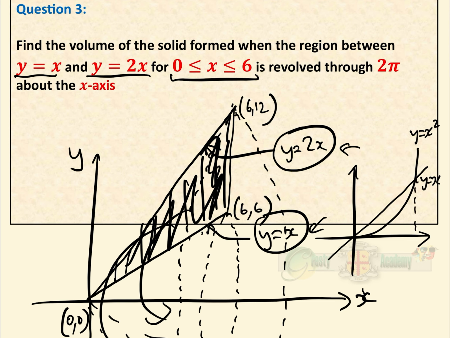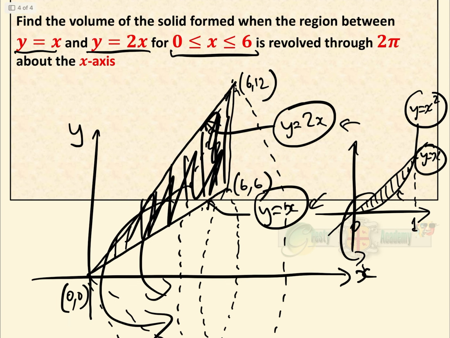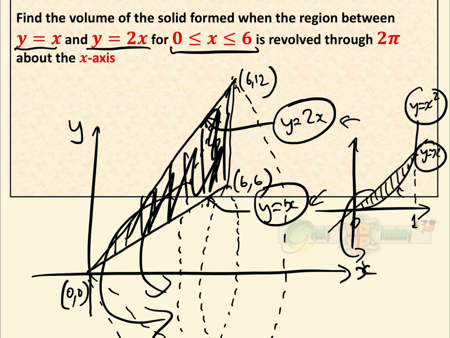Obviously they cross at the point 1, so normally it's between 0 and 1, and they want you to rotate this region around. Clearly on this one, y1, the larger y, is y equals x, and the smaller y is y equals x squared. All you do is use exactly the same formula, exactly the same integration.